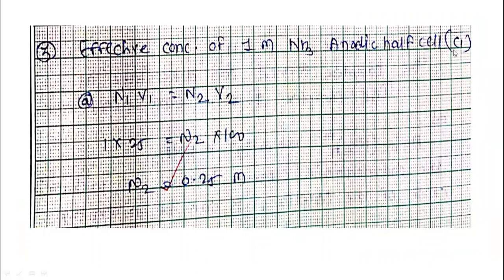In the anodic half cell it is C1 and in the cathodic half cell it is C2. In the same way, N1 is equal to 1 molar, it is given, volume 25. We have to find N2, that is C1 here, into 100. The total volume should be equal to 100. So this is the effective concentration of the ammonia.